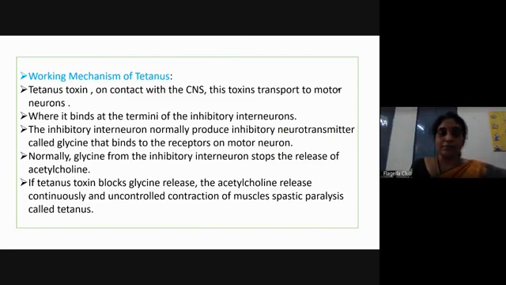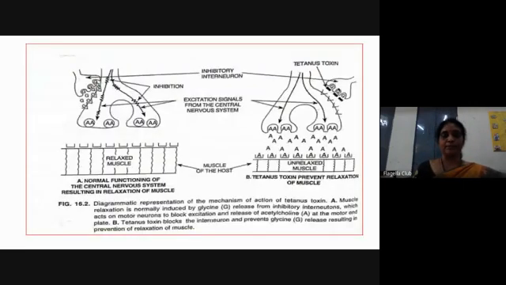Normally, glycine from the inhibitory interneuron stops the release of acetylcholine. If tetanus toxin blocks the glycine release, the acetylcholine is continuously released and the contraction of the muscle will take place and it leads to the paralysis called tetanus.